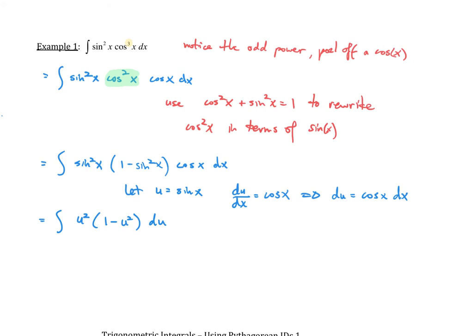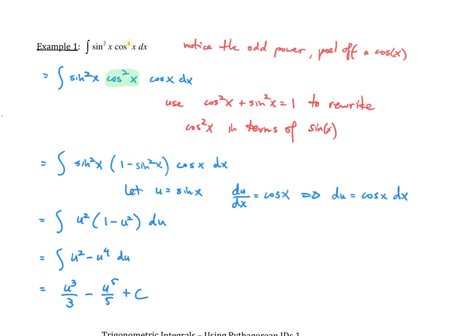Awesome. So now I simplify the integrand by distributing, and we're going to get u squared minus u to the 4th du. And at this point, I can find the antiderivative. The antiderivative of u squared is u cubed over 3. The antiderivative of u to the 4th is u to the 5th over 5. I want to make sure I put in my plus c.